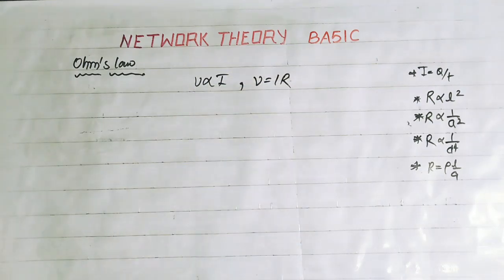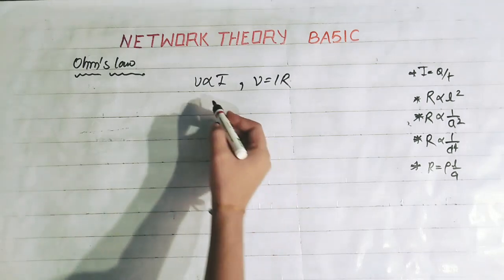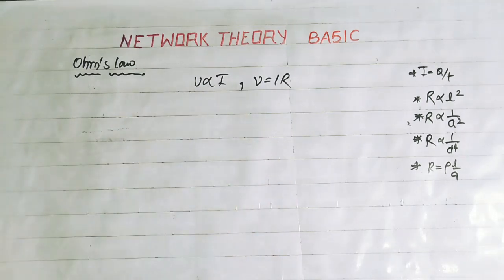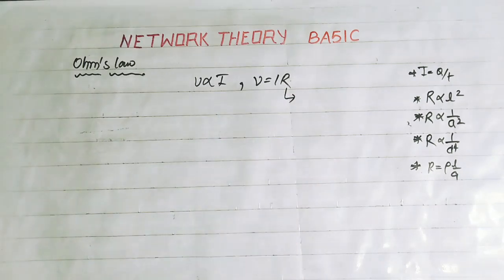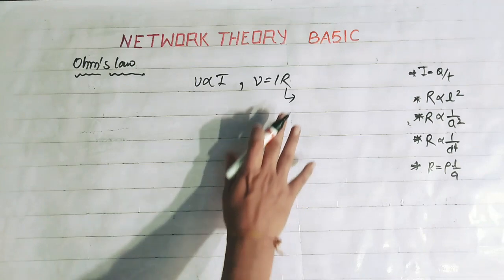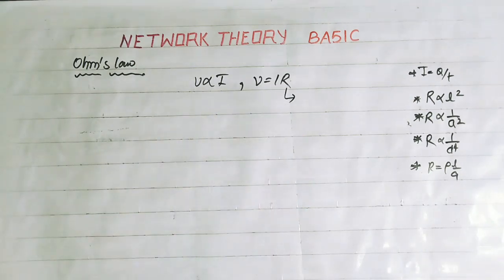Here V is the voltage applied across the ends of the conductor, and when we remove the proportionality sign, R is the proportionality constant. That is called resistance. I already told you resistance is the property of a conductor to oppose the flow of electrons, and R is equal to rho L by A.